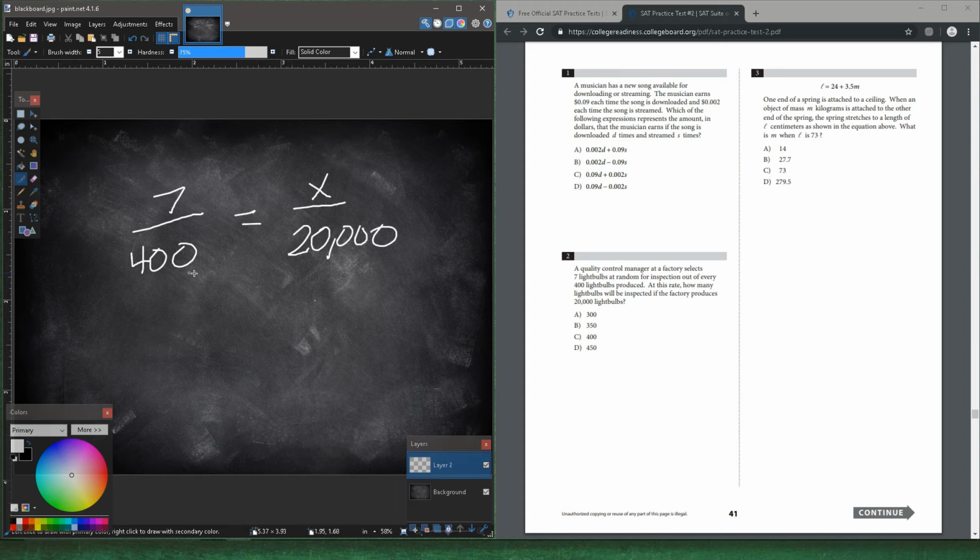So first we need to get this number to 20,000. So what multiplies 4 to get a 20? That's a 5. So 5 times that is 2,000. So you gotta multiply by another 10 to make 20,000. So 7 times 50 equals 350. So x is equal to 350. So the answer is B.